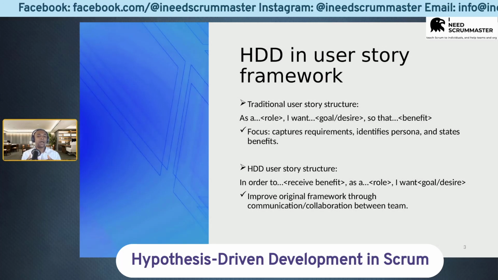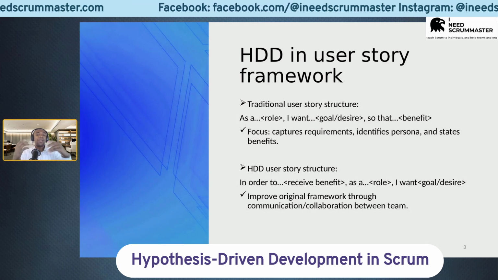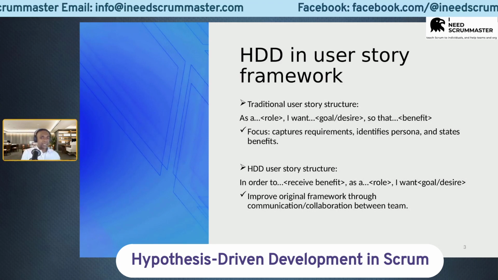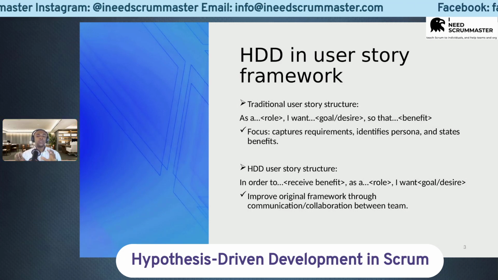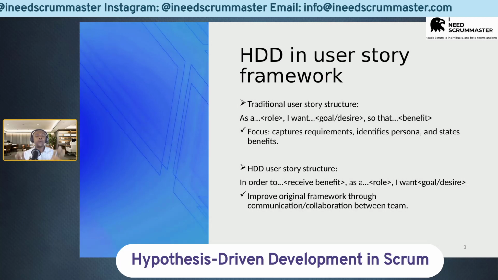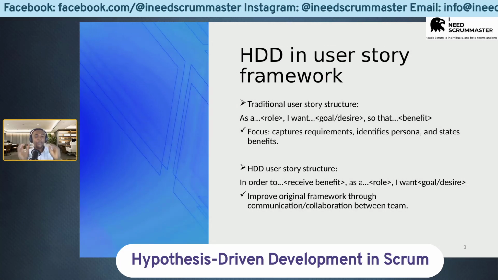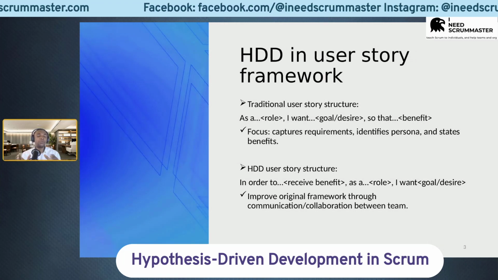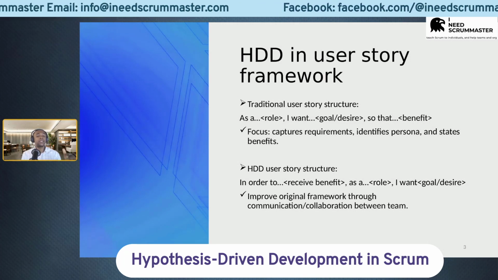So you start by giving the benefits: in order to get this, as a this, I want this. Each of these formats has its center focus. For example, the traditional way of writing user stories is as a X, I want Y, so that Z.